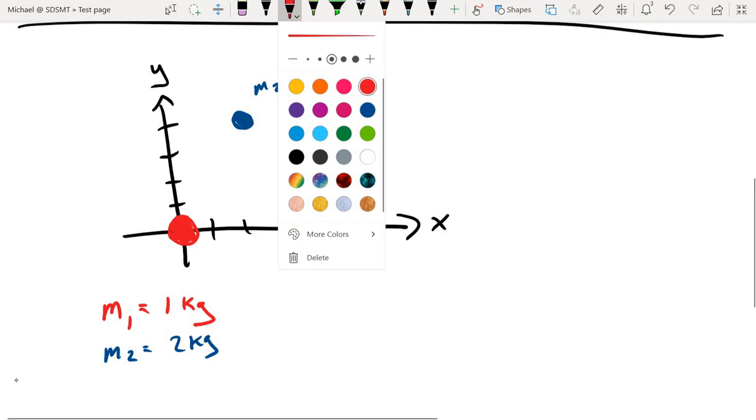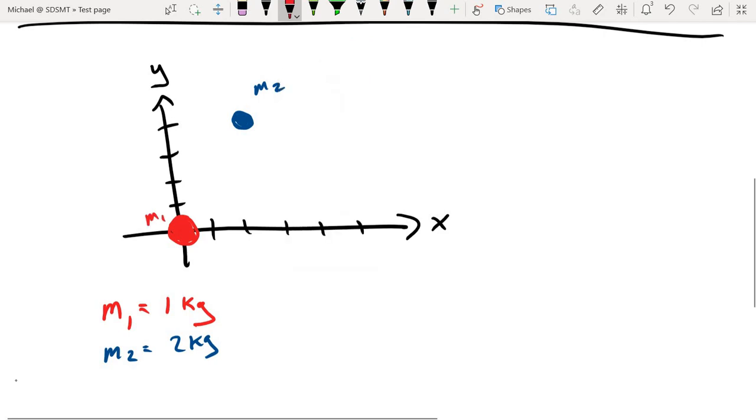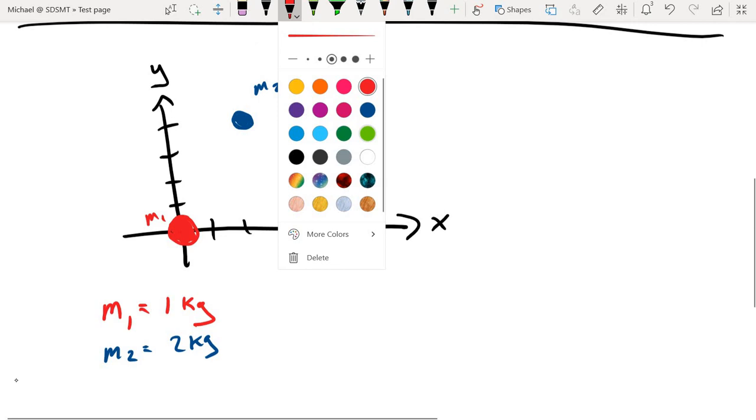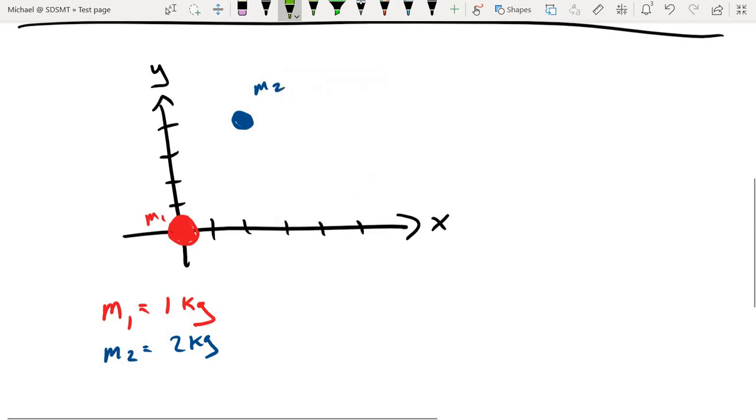And we'll label these mass 1, mass 2, and then for mass 3, we'll put mass 3 right over here, and we'll make mass 3 3 kilograms.